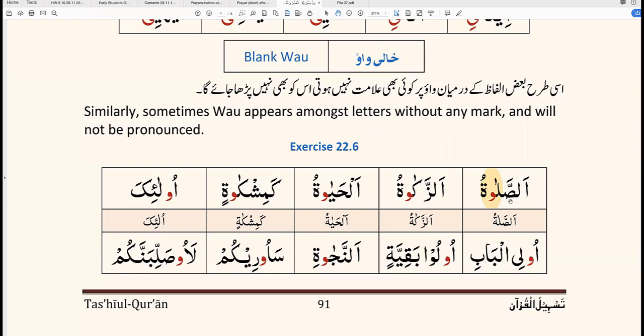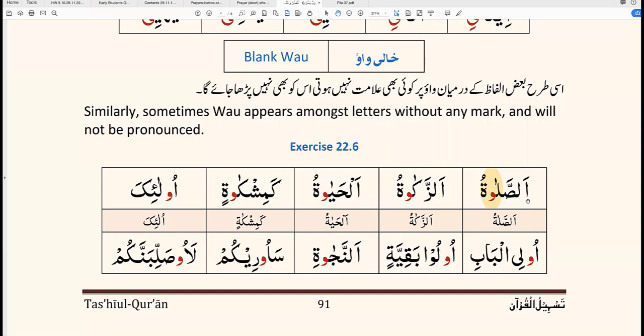Now, as soon as you see this tashdid, you'll know that this sad has to join with a letter, and the letter it joins to must carry a stroke. Does the lam carry a stroke? No. Okay, so this is not a letter that is going to join on. It will join on to this alif, won't it? Because it has the fatha on top.